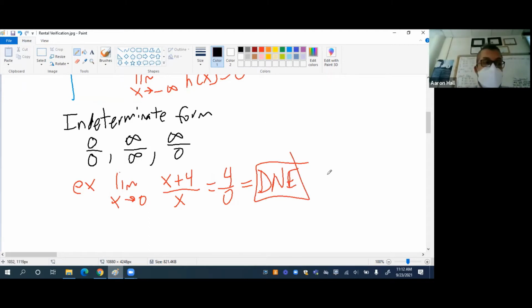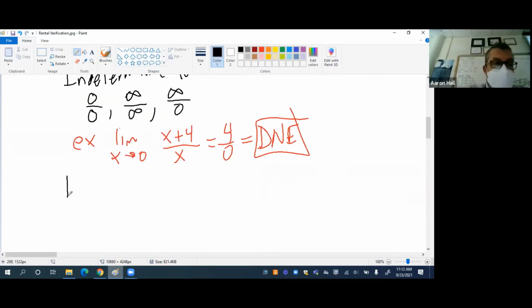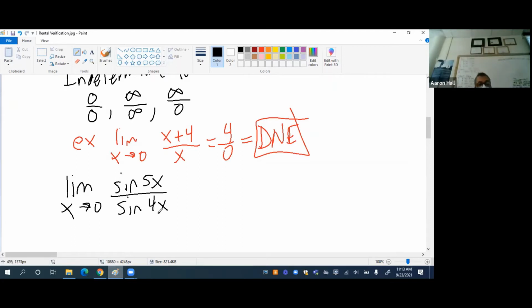This one's going to be a little bit more difficult. I want you to consider this one. The limit as x approaches 0 of sine of 5x over sine of 4x. Recall our first flashcard.